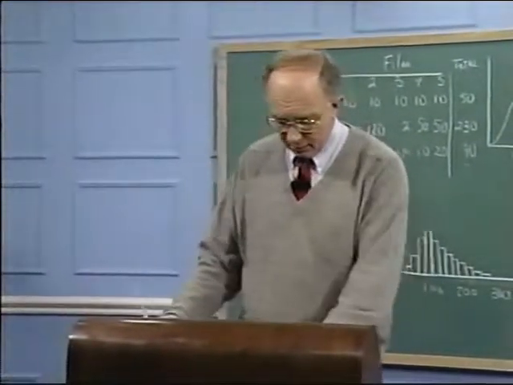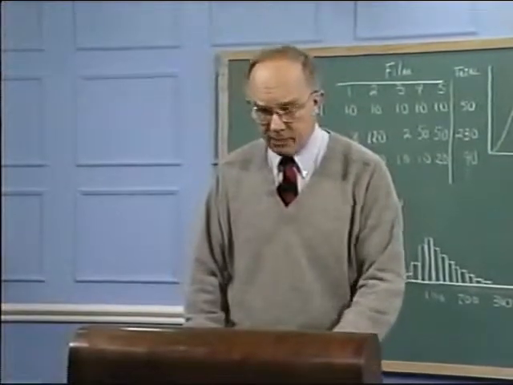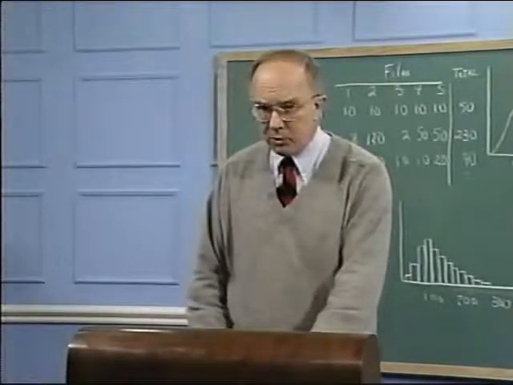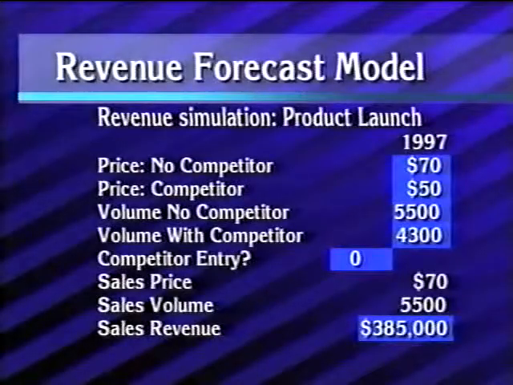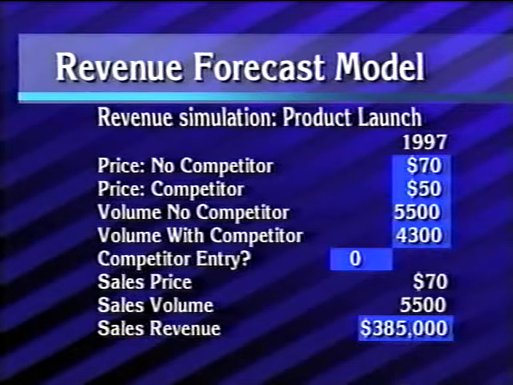next talk about our revenue forecast model so that you see in a little bit more detail what's going on here. In the revenue forecast model, what we're trying to do once again is forecast sales revenue for the year 1997. Notice this is a product launch that we're considering, and we're trying to ascertain what the spread is in forecast revenue.